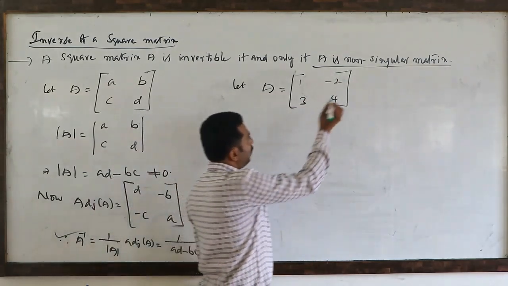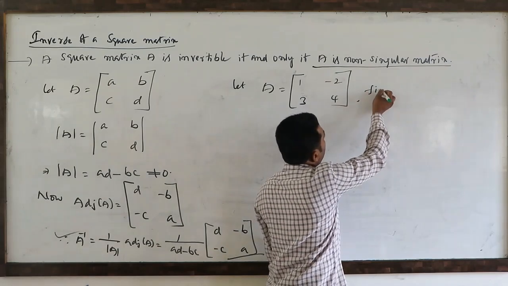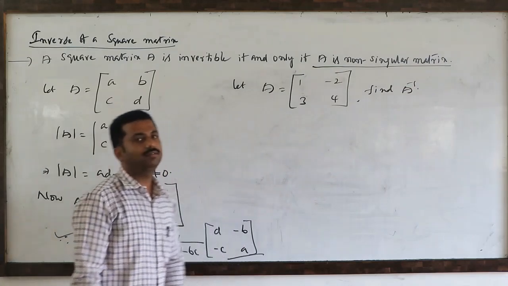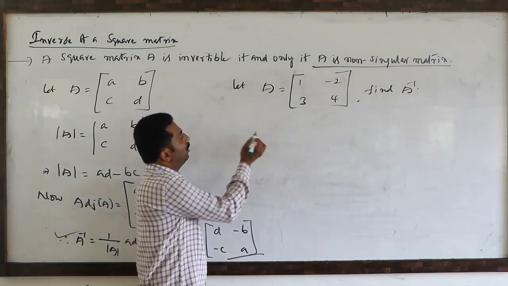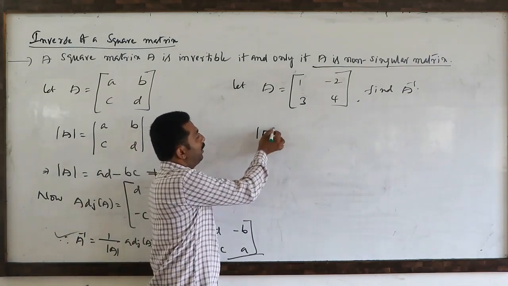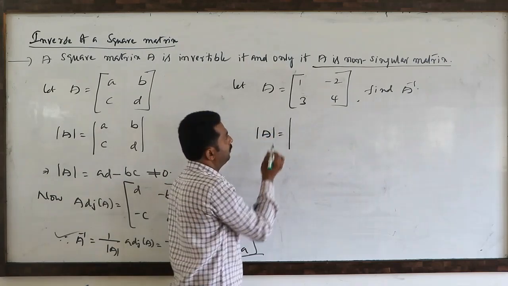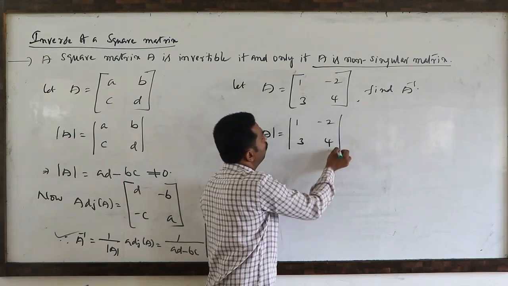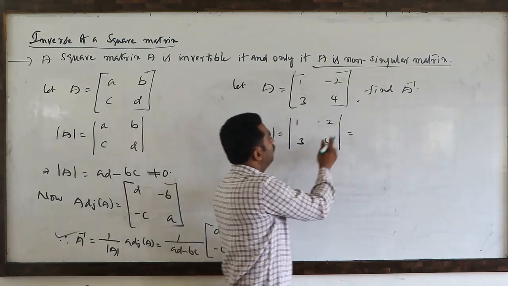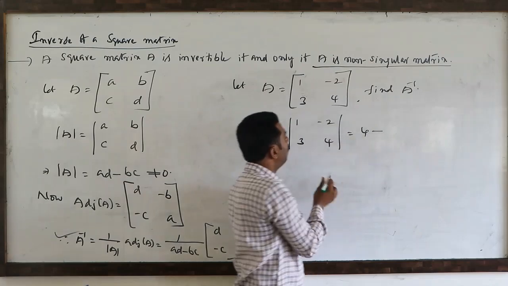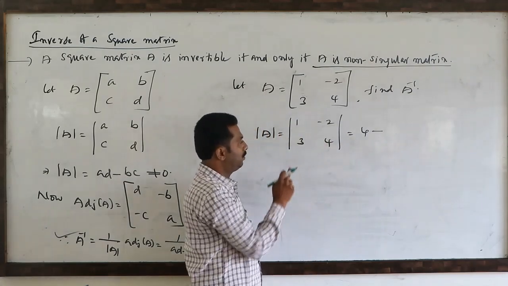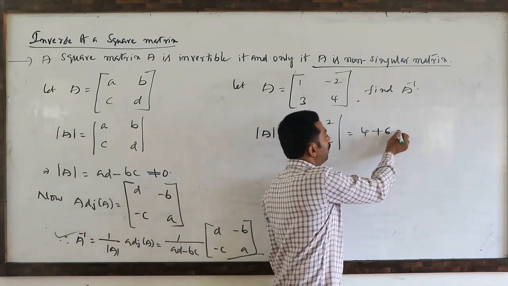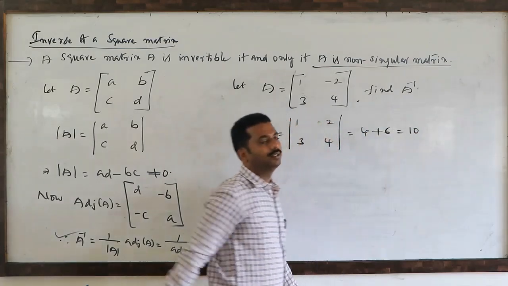Then find the inverse of the matrix capital A. So first we have to calculate determinant of A. See, 1, minus 2, 3, 4. So this is 1 into 4 means 4, minus of minus 2 into 3, that is minus 6, already minus is there, plus 6, so this is 10.